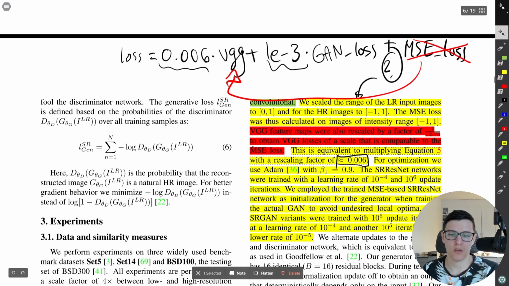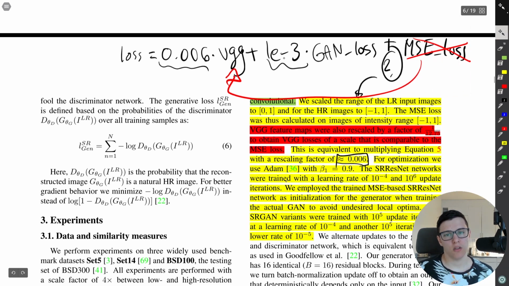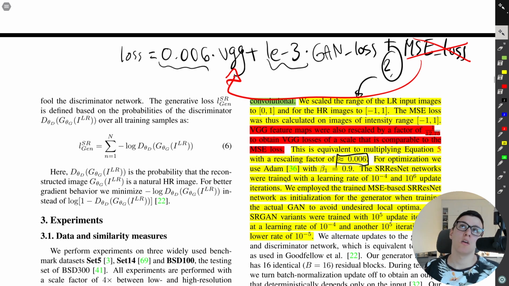And one thing that's also unclear is the constant term. I guess you would want to have sort of the ratios between them, right? So maybe they want the VGG loss to be 2 times higher than the GAN loss or something like that. You want to understand why they chose those ratios instead of just saying, yeah, we use this ratio.